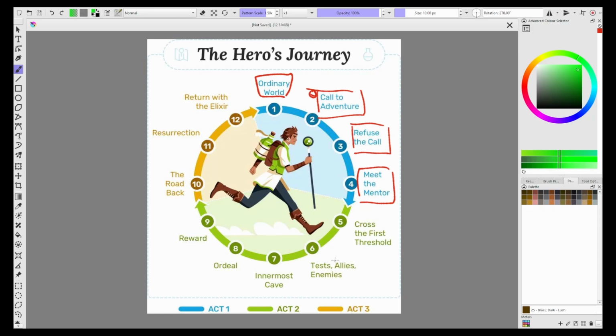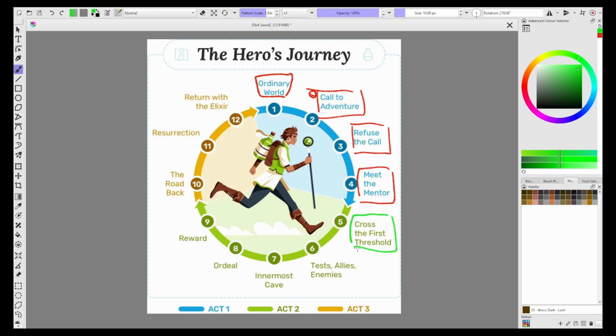So then we move into Act 2, where we have cross the first threshold. Now the naming of this beat, it makes this sound like the first plot point, but it's not quite the same. It's more like the character's reaction to the previous Meet the Mentor beat. So in the Meet the Mentor beat, the character is basically showing that they have no choice but to answer the call that they refused earlier on.